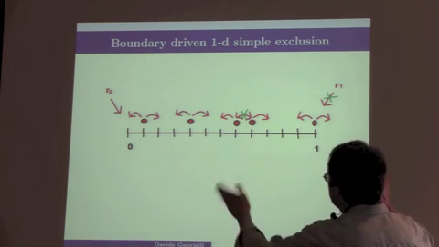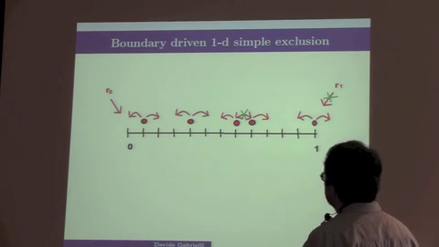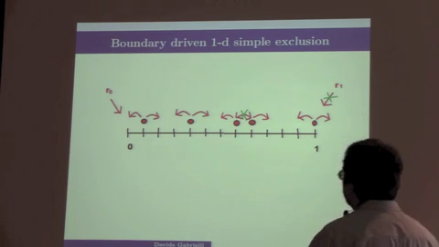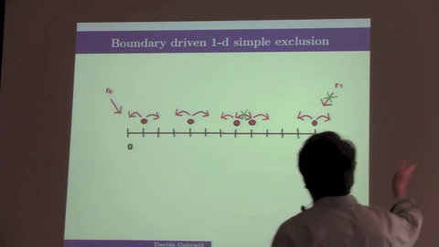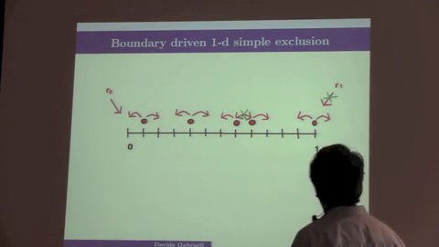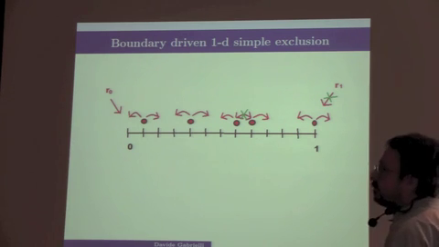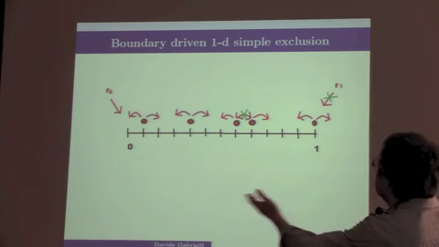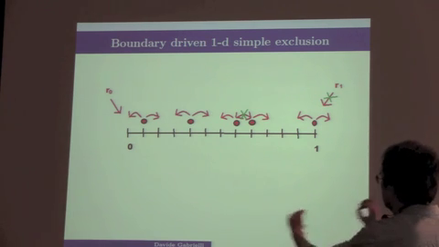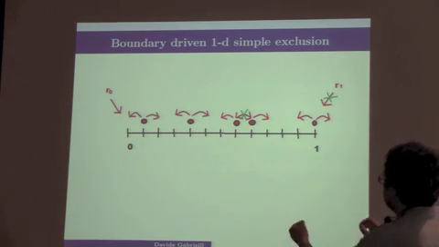At the boundary, there is also creation of particles. On the left boundary, I am creating particles with a rate R0, and on the right boundary, I am creating particles with a rate R1. So this, for example, is a model for heat conduction, on a one-dimensional object.